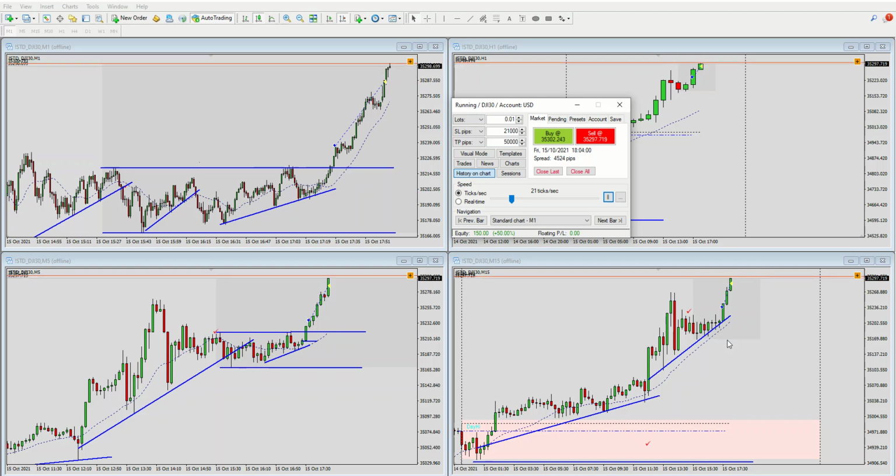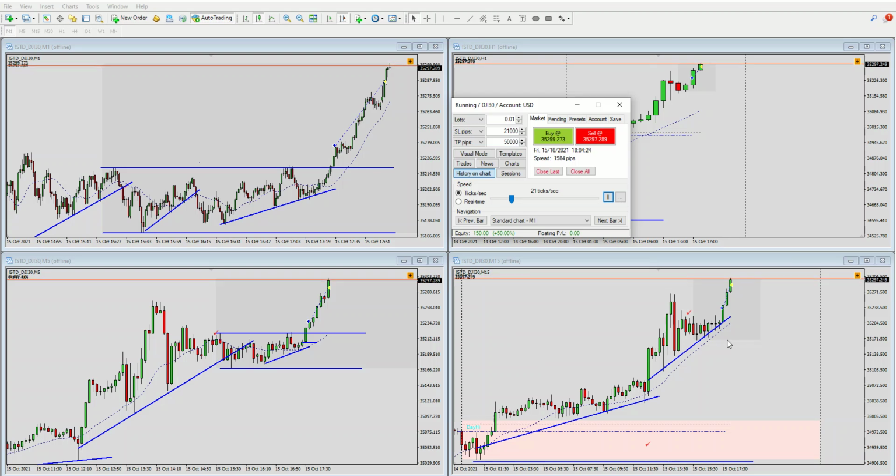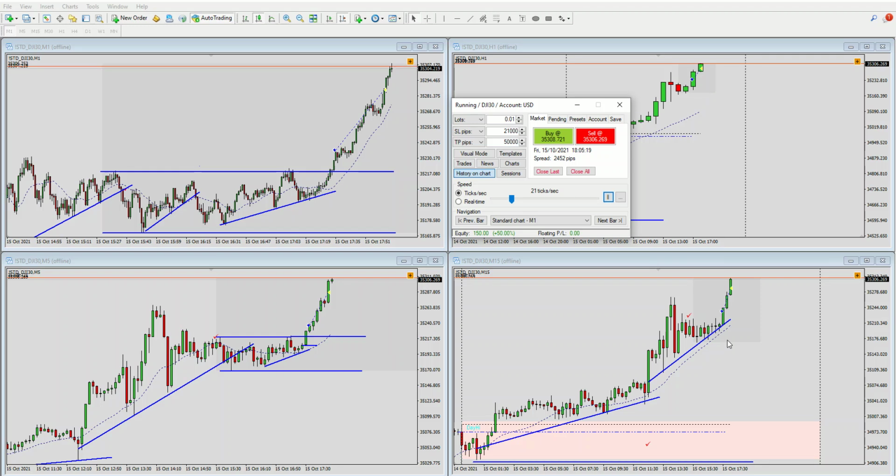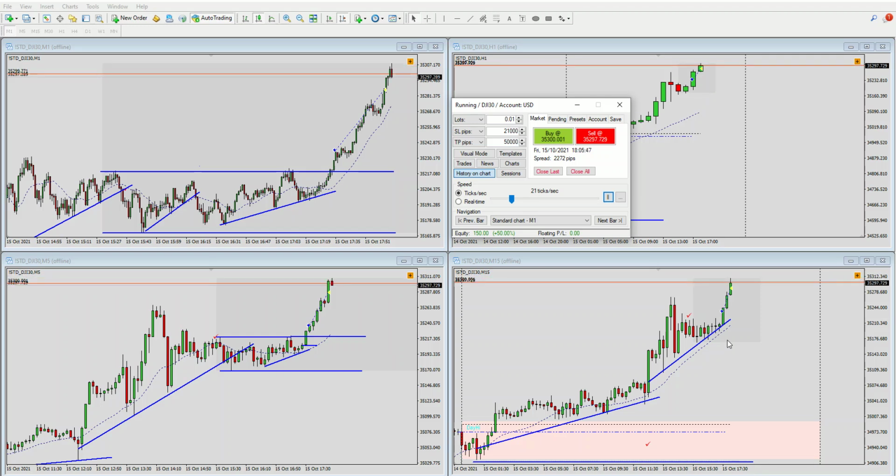And guys, I always post my trades in the community because I believe in evidence. I can't be telling you things that I don't take or that I don't have evidence for. That's why I always post my trades in the community.